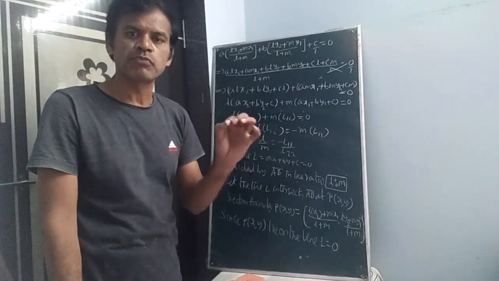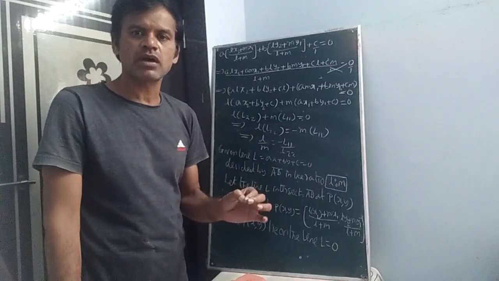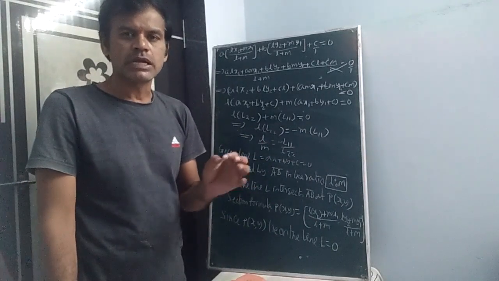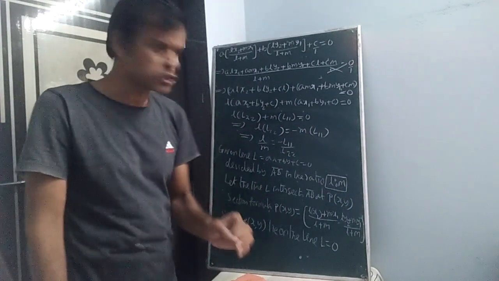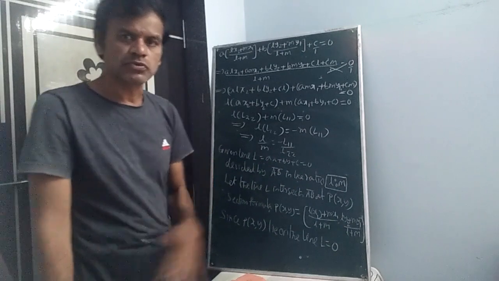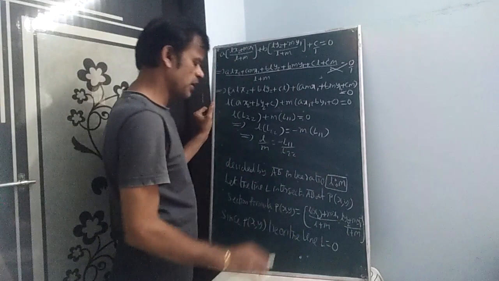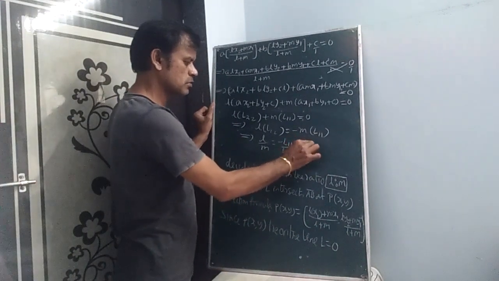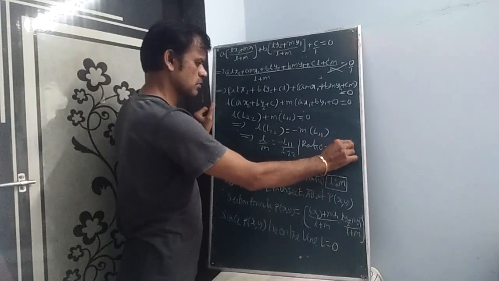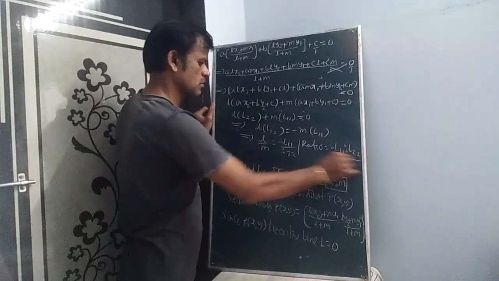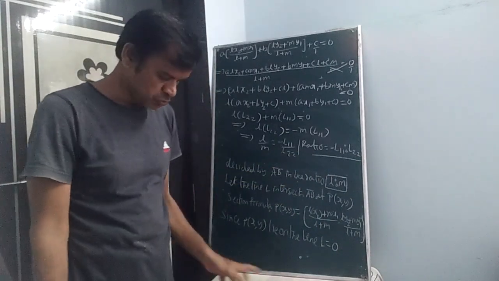So the ratio, now we proved that a line segment which is joining A x1 comma y1 and B x2 comma y2 is divided by a line L equal to ax plus by plus c equal to 0 in the ratio minus L11 is to L22. This is the theorem. That's all. Now simply write the formula: ratio is minus L11 is to L22.